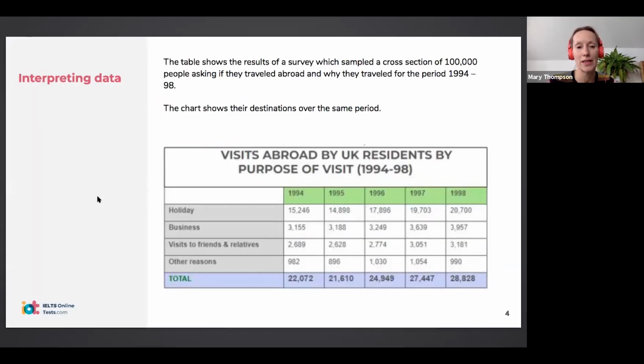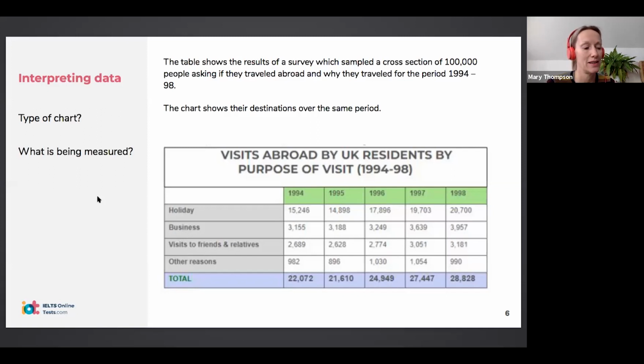Okay, so let's have a look properly at this now. So interpreting the data. Okay, so we have the table here. What type of chart is it? It's a table, that's correct. Thank you. What is being measured? Visits, yeah, that's right.